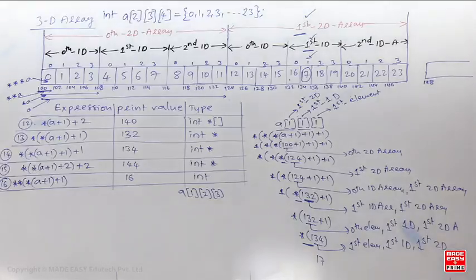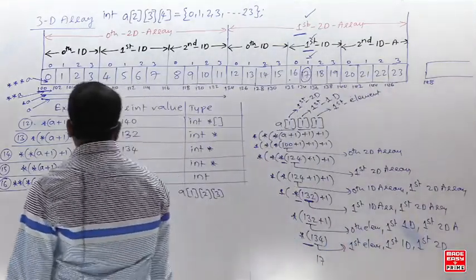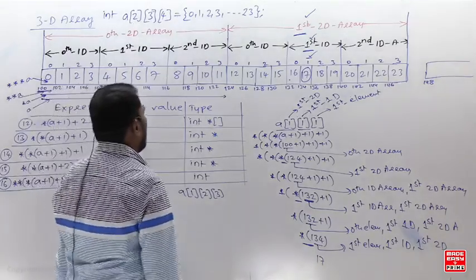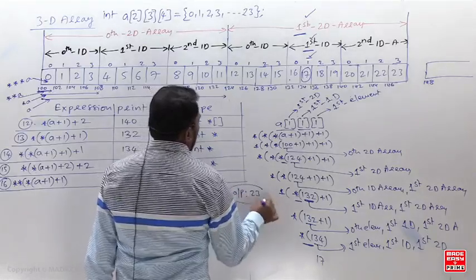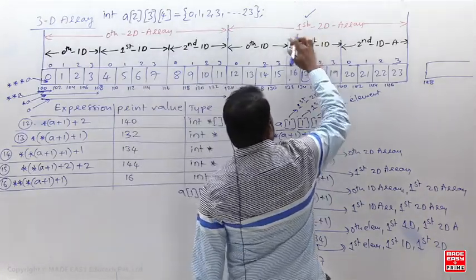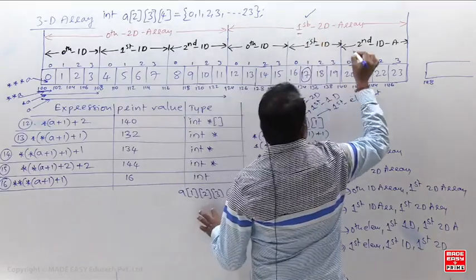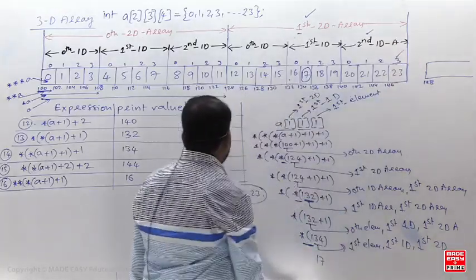Has everyone written it? Right. So that is A of 1, 2, 3. So what is the answer? Output will be what? That is 23. Look at here: first 2D array, first 2D array, second 1D array, and third element. That is 23.